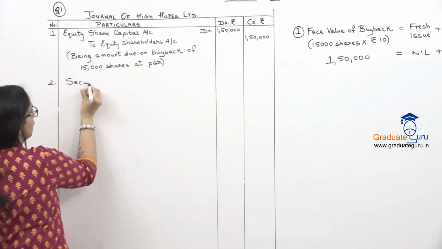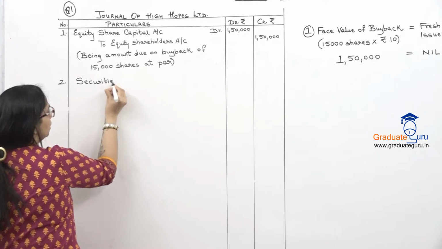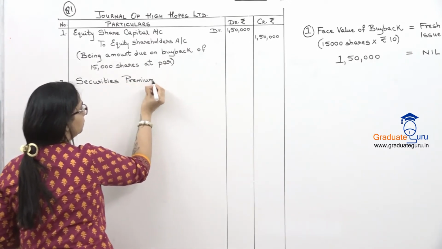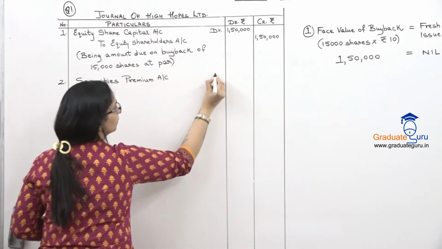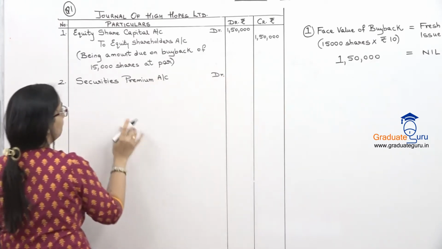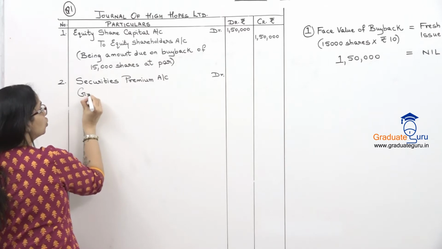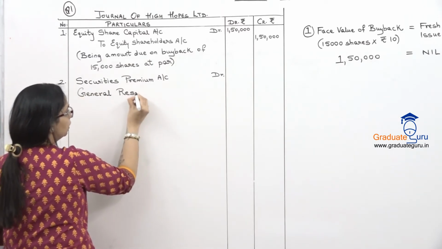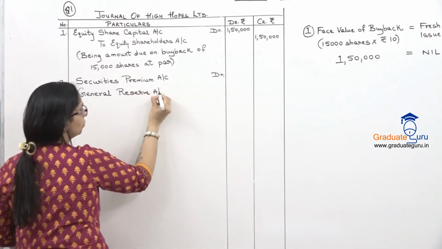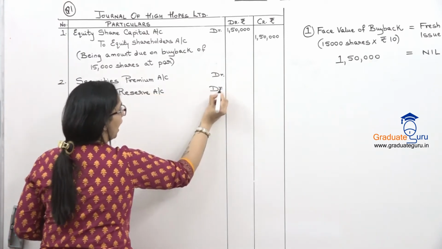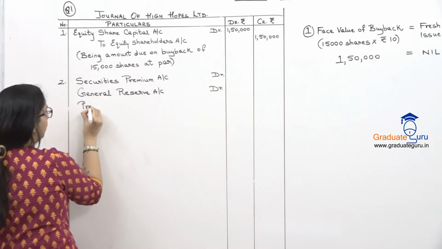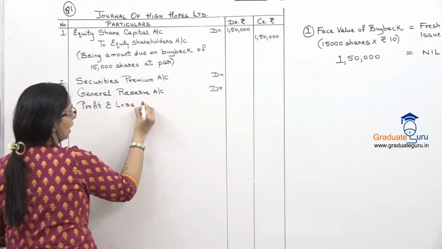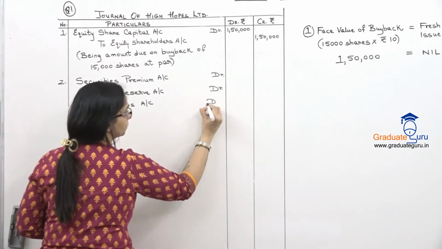First I am using securities premium. So securities premium account debit. I am also using general reserve. So general reserve account debit. And I am also using P&L, which is profit and loss. So profit and loss account debit.